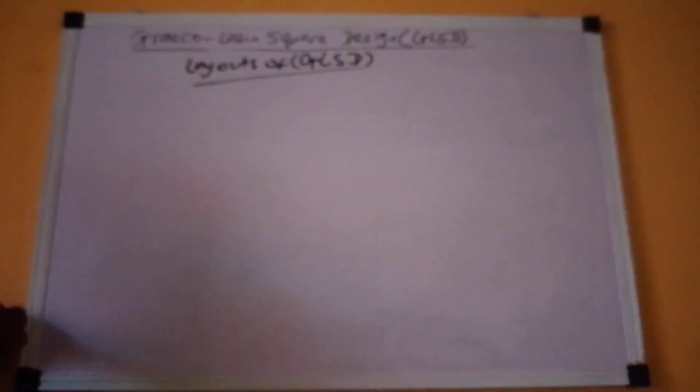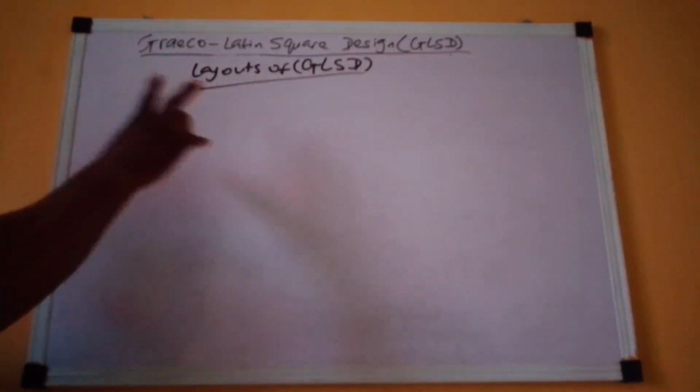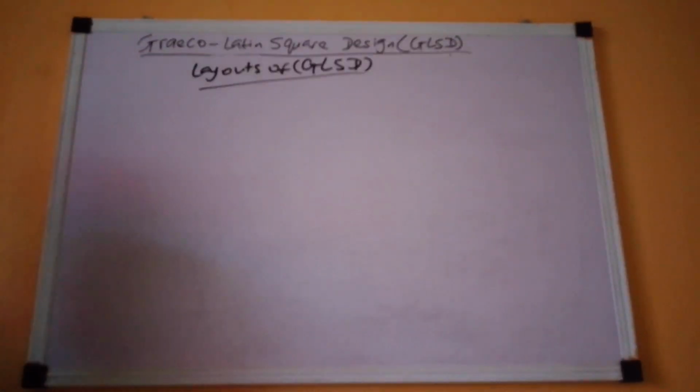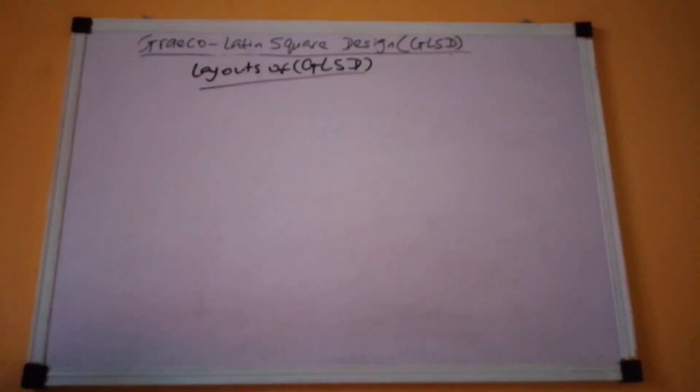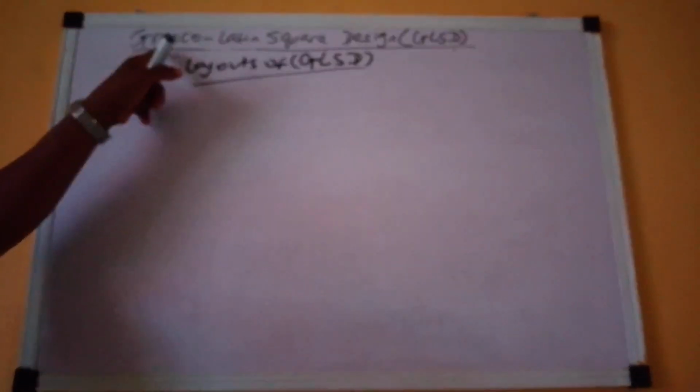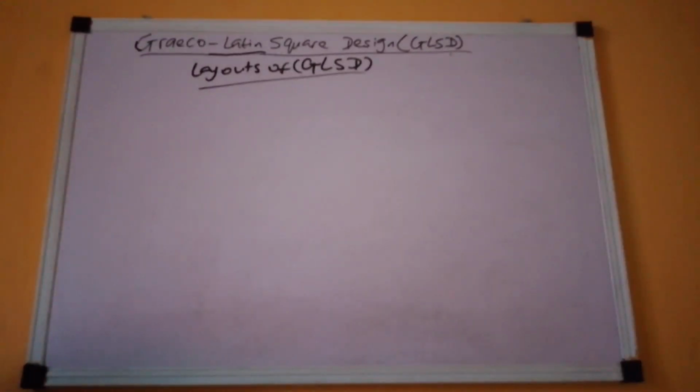You must understand that we have two treatments involved here. One treatment has the Latin letters, and the second treatment has the Greek letters. Hence the name Greco-Latin square design. It involves the Greek letters and the Latin letters.